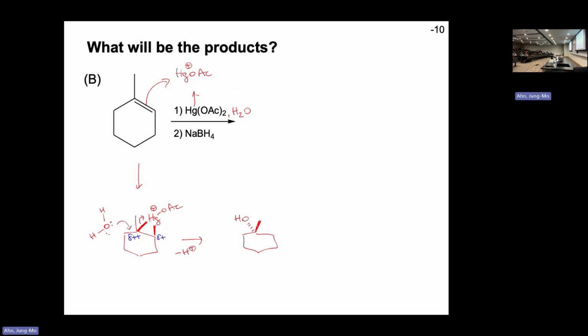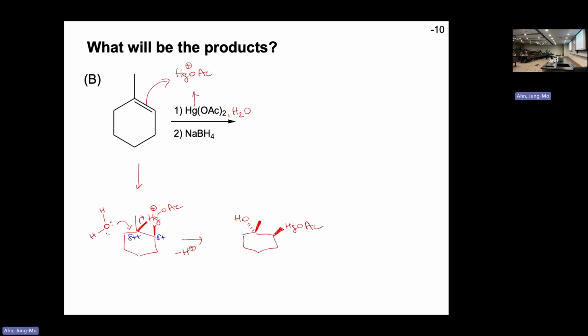So the mercury will pull electron density from the carbon it's bound to, but the more substituted carbon loses more. That's the concept I've been repeating so many times. Believe me, this is not the last time we're going to talk about it. This thing is going to keep appearing again, even in Orgo 2. So I really hope that you understand this concept.